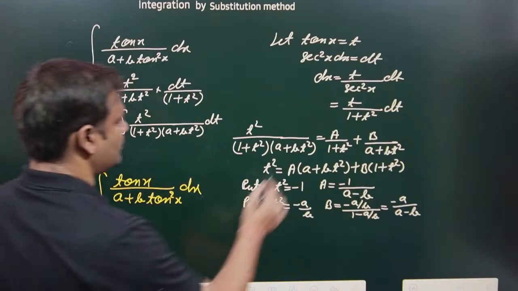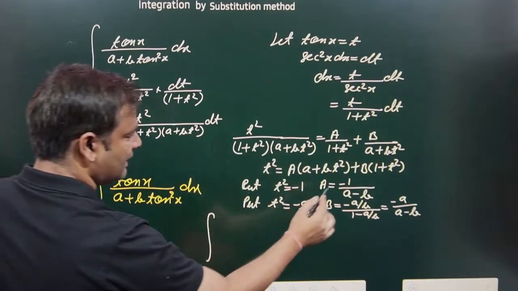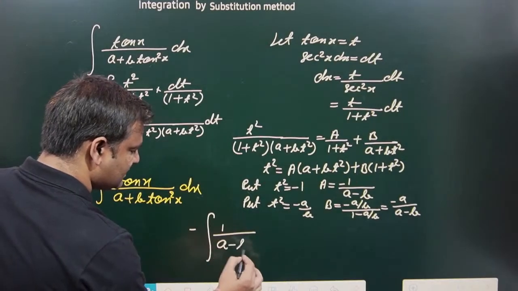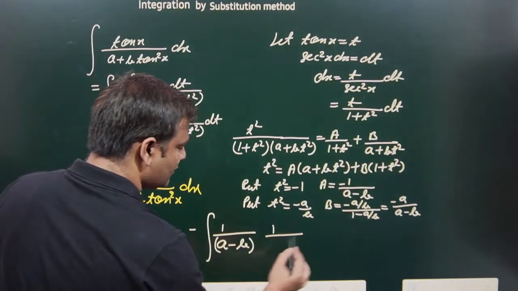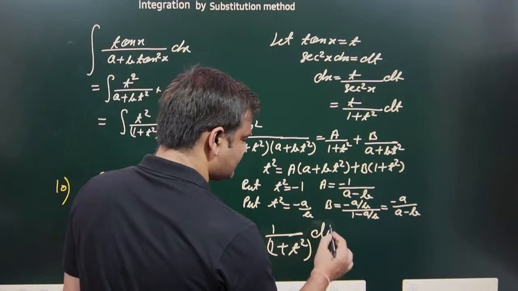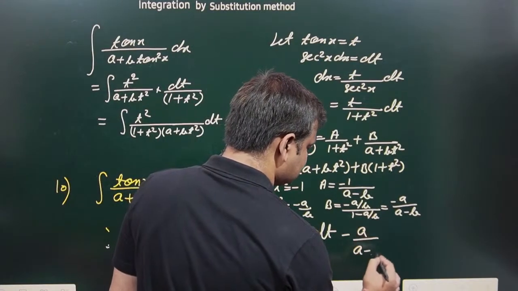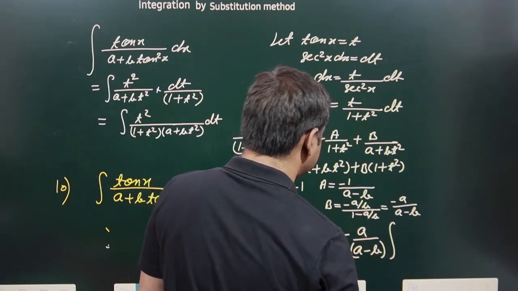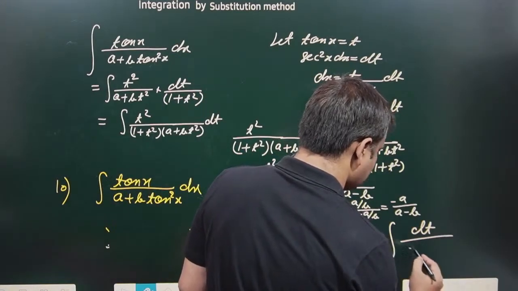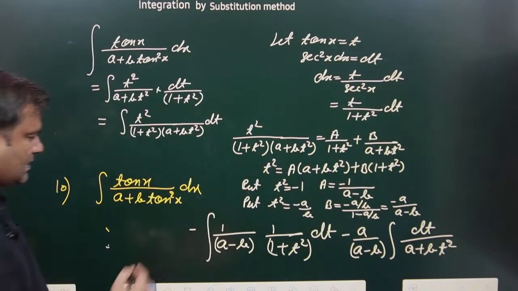Now put these two values here. Then we get A upon a, that is minus 1 upon a minus b into dt upon 1 plus t square, and B is dt divided by a plus b into t square.